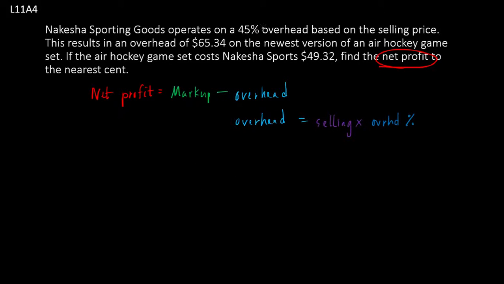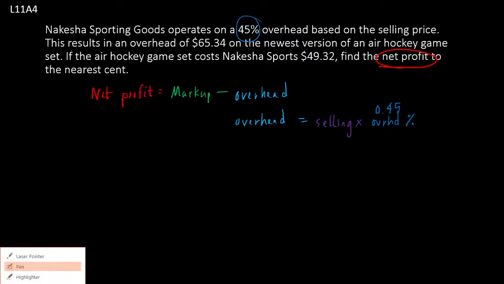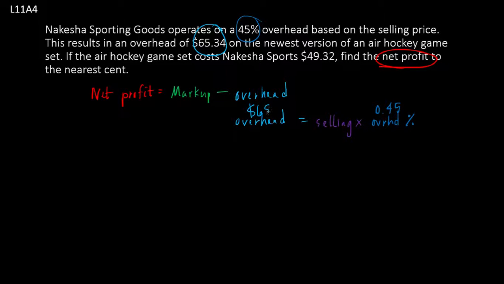So we know that our overhead percentage is 0.45. So I converted 45% to a decimal. What else do we know? Well, we know that our overhead is equal to $65.34. Okay? So from here, how can we proceed?